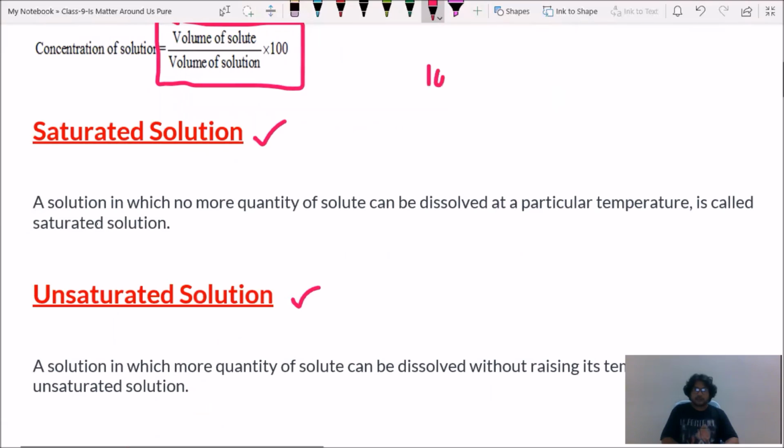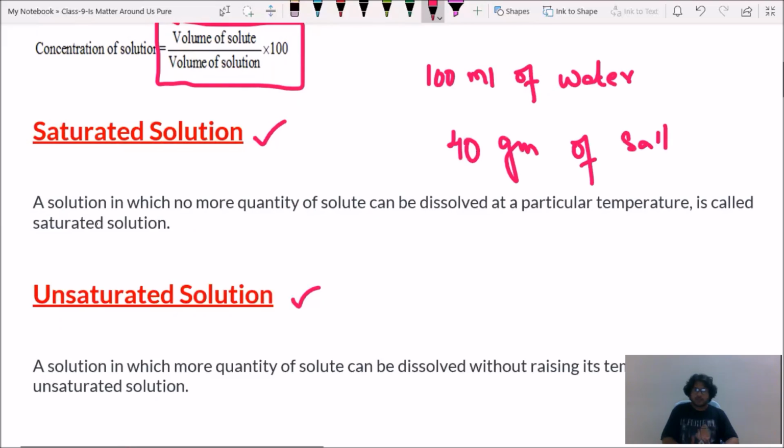Consider we have 100 ml of water, and this water has a capacity to dissolve, let us consider, 40 grams of salt. So 100 ml of water has the capacity to dissolve a total of 40 grams of salt.